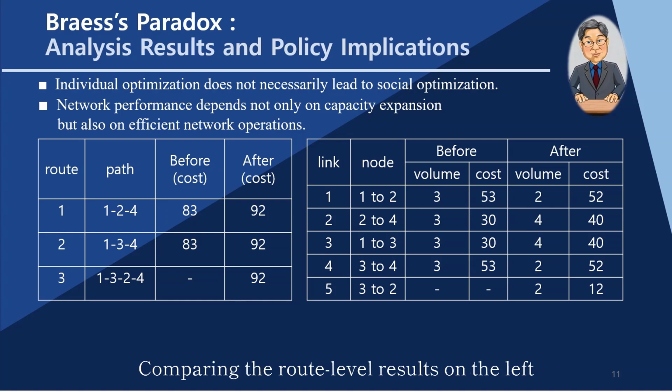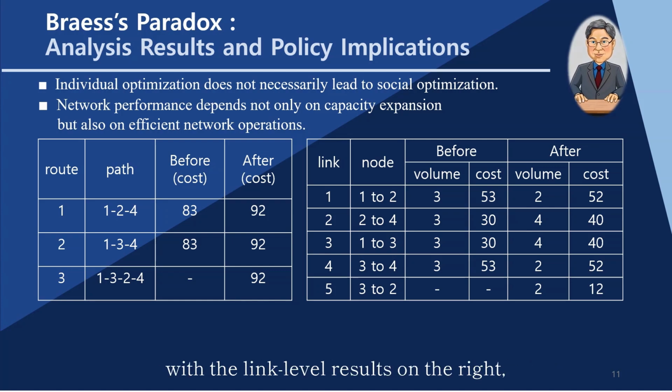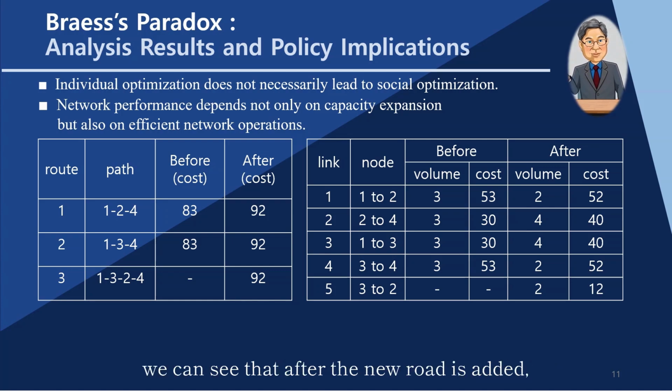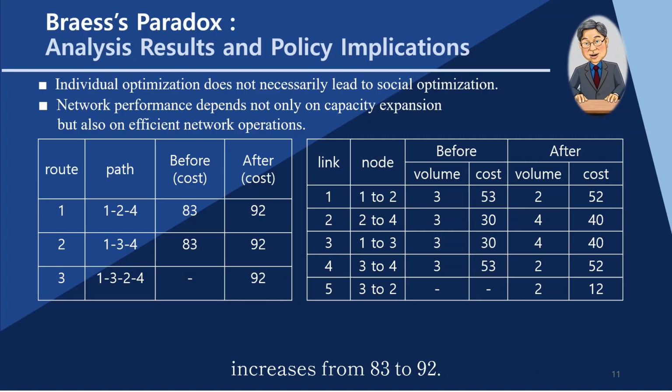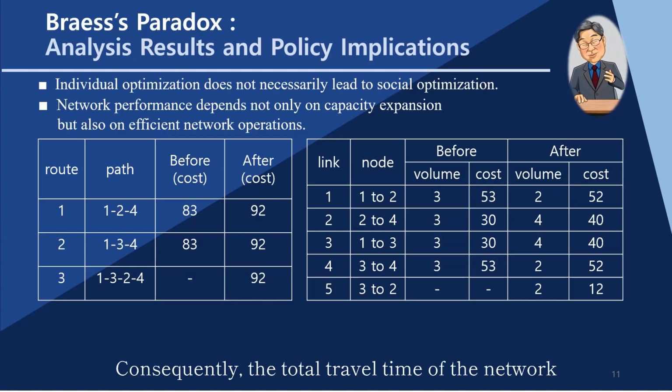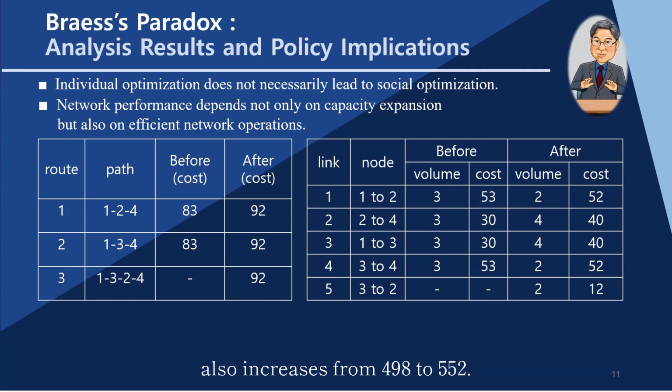Comparing the route-level results on the left with the link-level results on the right, we can see that after the new road is added, the travel cost experienced by every traveler increases from 83 to 92. Consequently, the total travel time of the network also increases from 548 to 552.